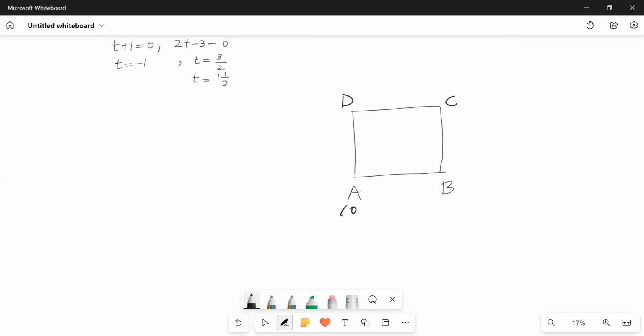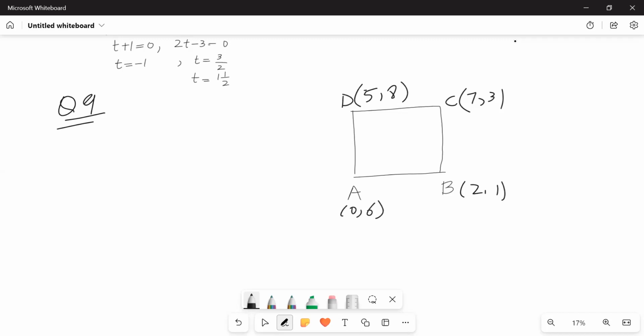A point is 0, 6, and B point is 2, 1, and C point is 7, 3, and D point is 5, 8. Find the gradient of all four sides of ABCD. Question number 9.